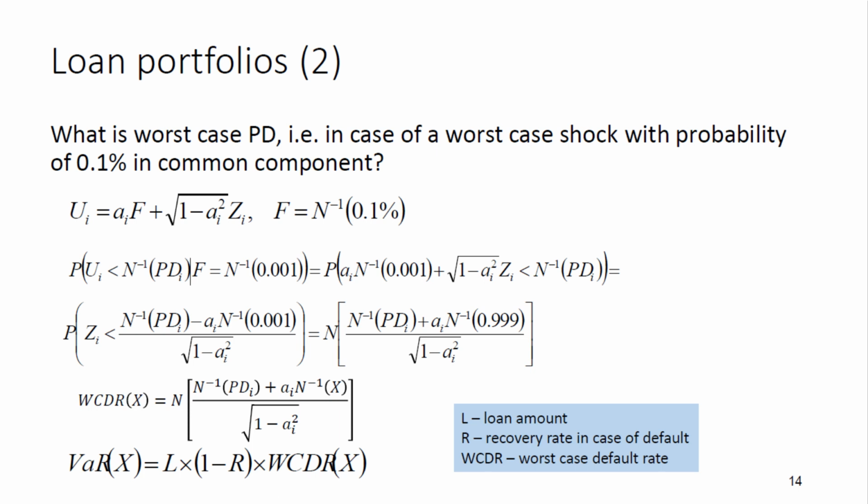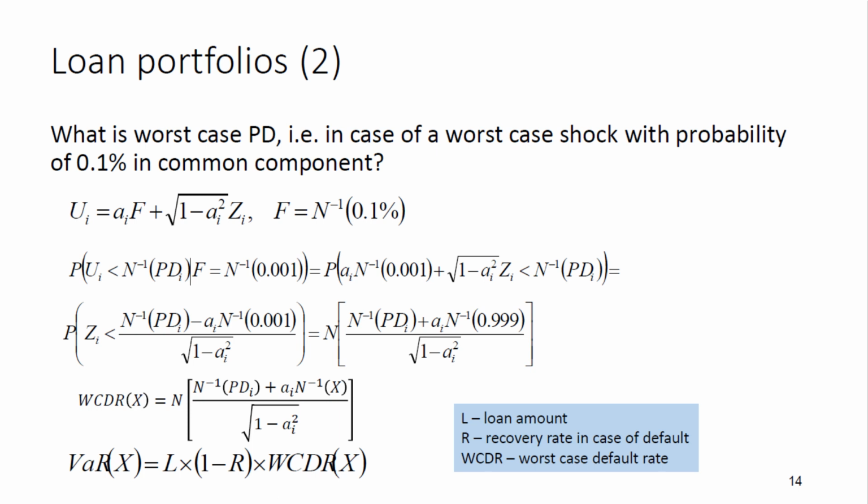Then there is one last thing I will do: I will switch the negative sign in front of the A_i into a positive sign, and the critical value of 0.001 switches into 0.999. That's going from the left tail of the normal distribution function to the right tail. The probability mass is the same; it's only a different critical value, and I need to put a minus sign in front. So that's why the minus changes into the plus.